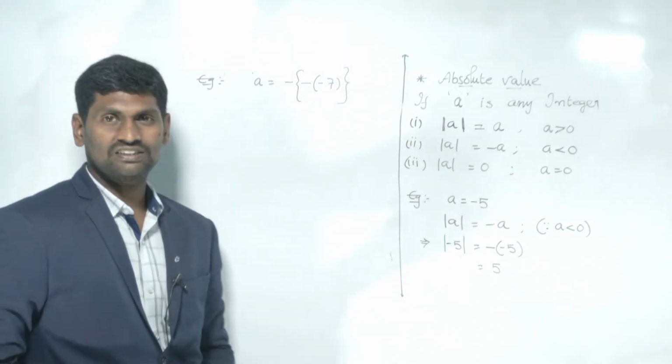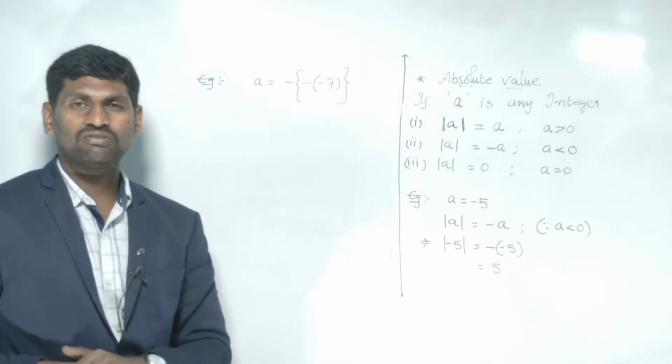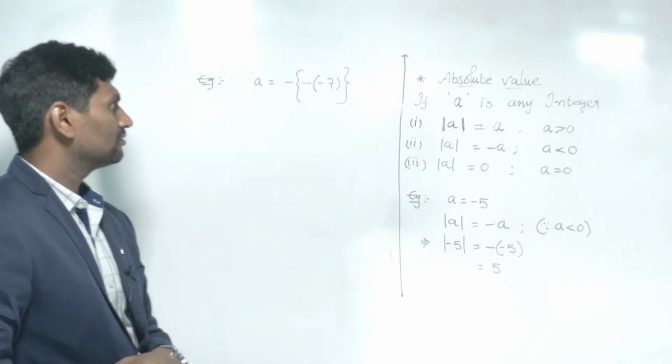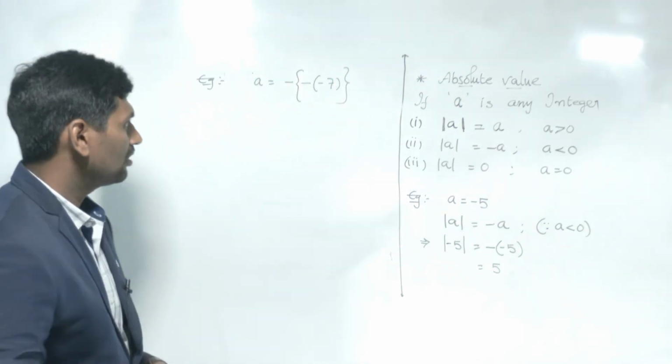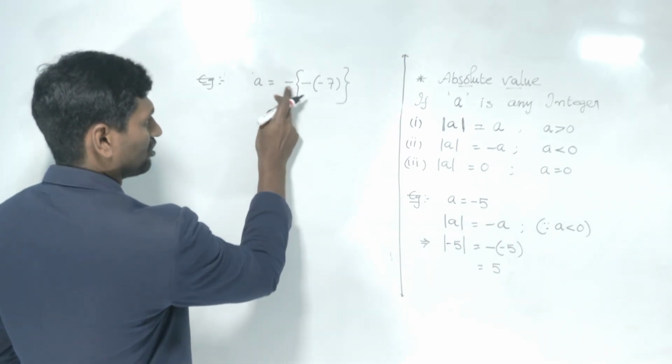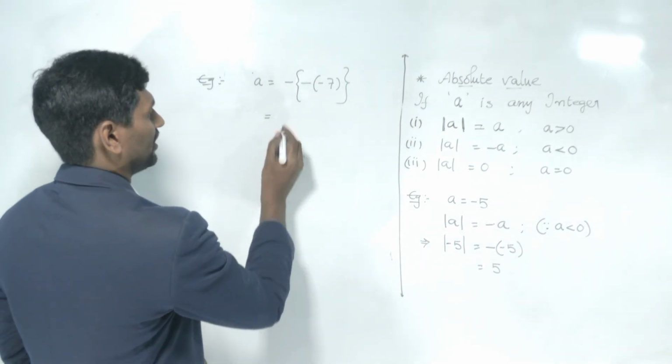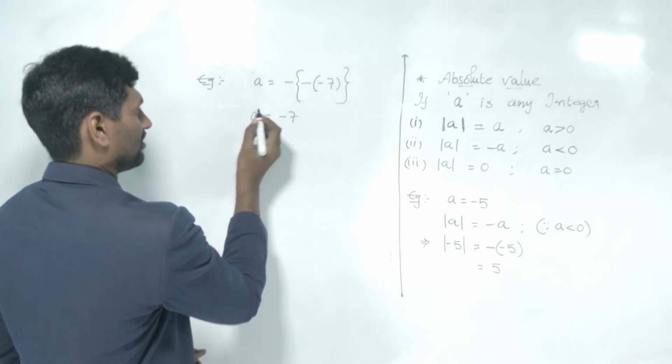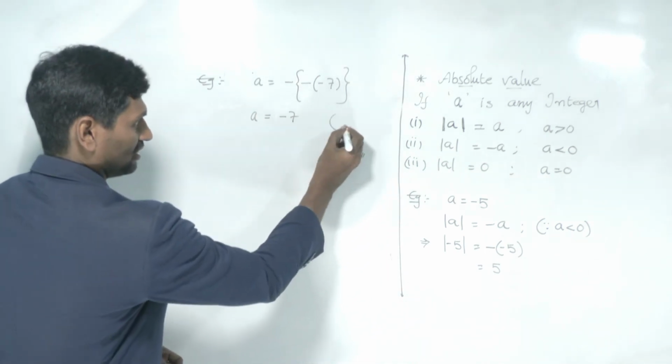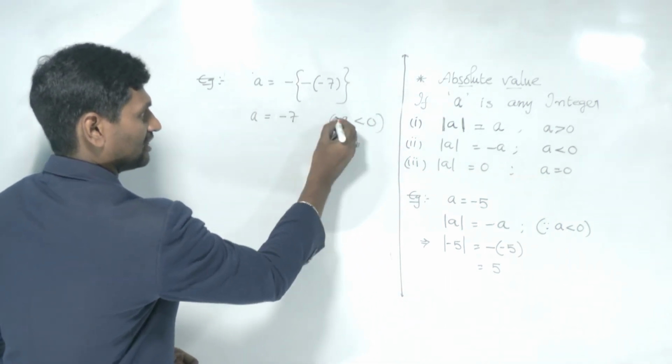If it is given like this, there is an involvement of 3 numbers. So a value is minus 7, so it is less than 0.